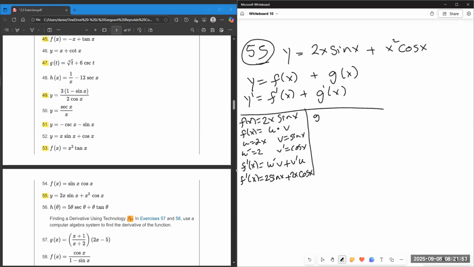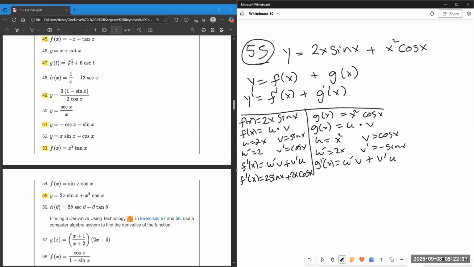My g of x is x squared cosine of x. So g of x is also a u times a v, with u equal to x squared and v equal to cosine. U prime is 2x. V prime is a negative sine of x. So g prime is u prime v plus v prime u.